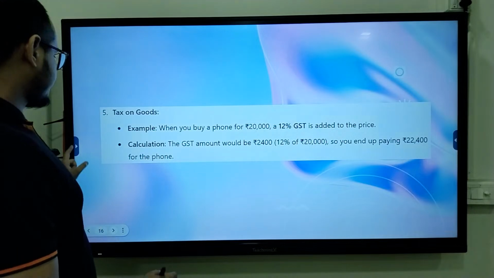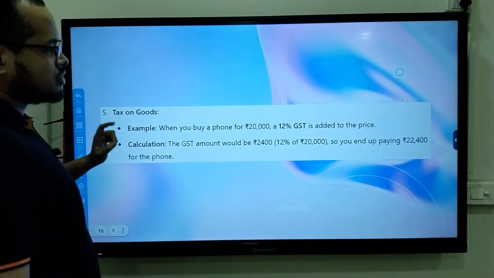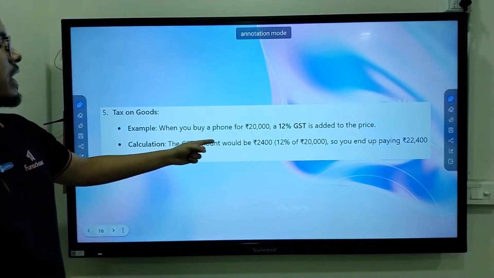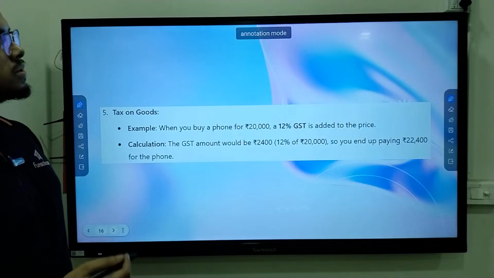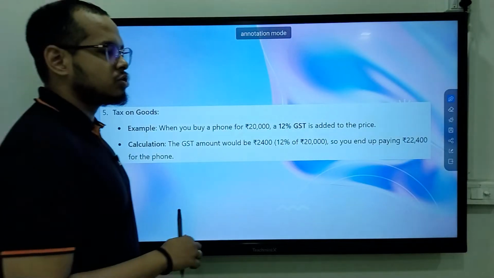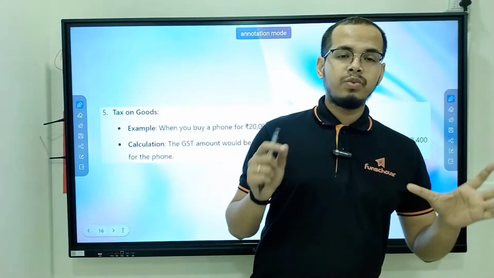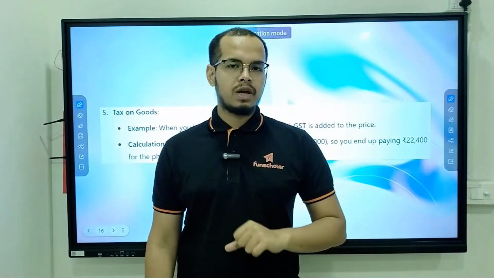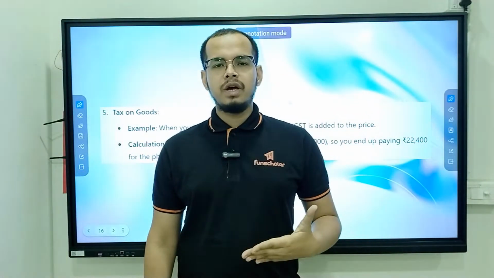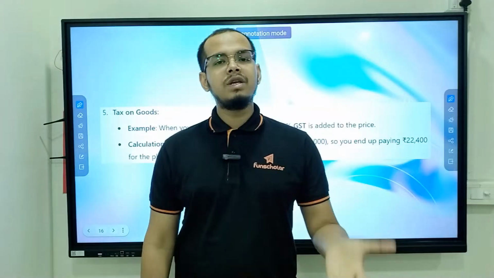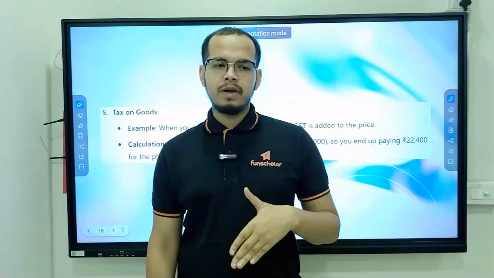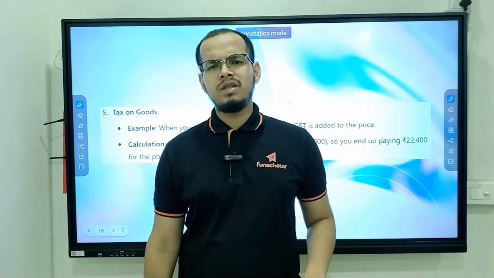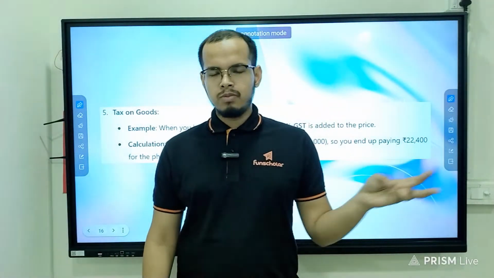So next, let's calculate this. With GST, we have to pay more. When we buy a phone of 20,000, a 12% GST is added to the price. When you are buying a phone, for example an iPhone, the MRP written is 1 lakh, but it's written there excluding GST. If you include the GST, it will become 12% or 15%, 18%, whatever be the GST rate of that particular mobile device.